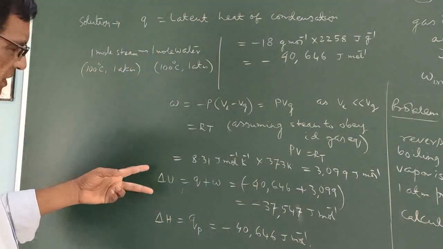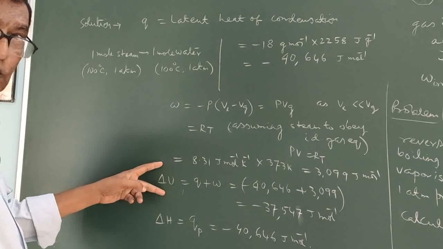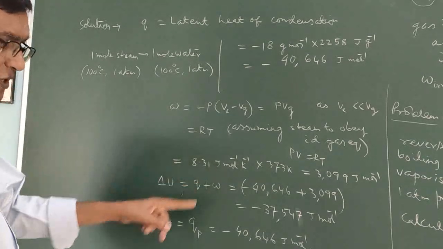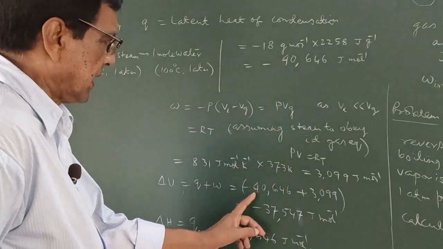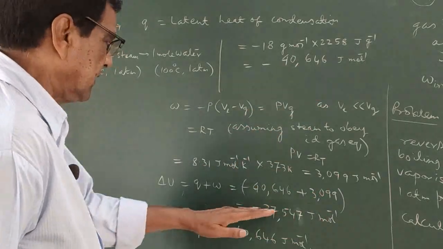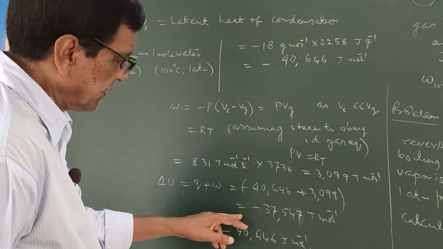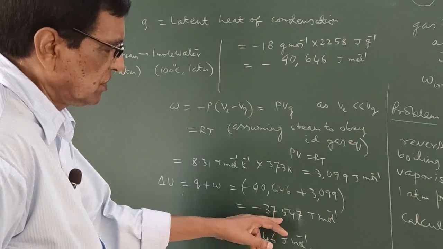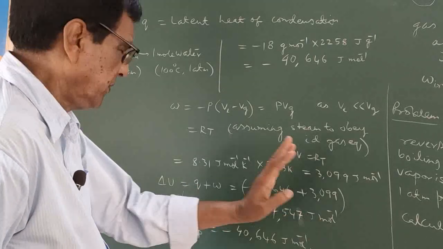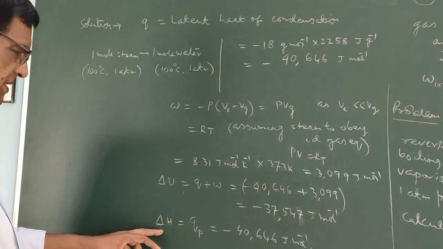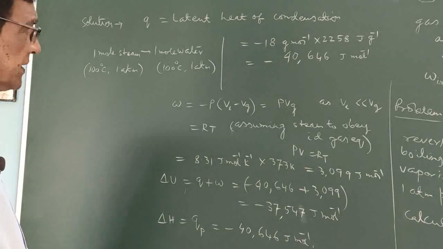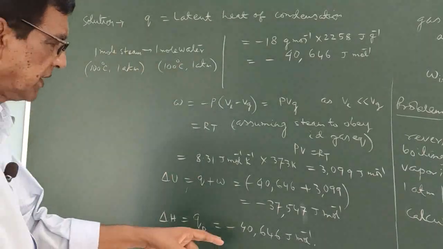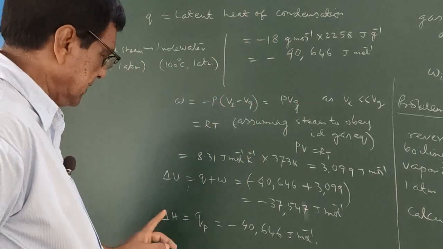Whenever we are trying to calculate this delta U according to the first law of thermodynamics, Q plus W, Q is this value and W is this value, and the final result is minus 37,547 joule mole inverse. And delta H is nothing but the heat change at constant pressure. Here it is the heat of condensation, so minus this one is the delta H.